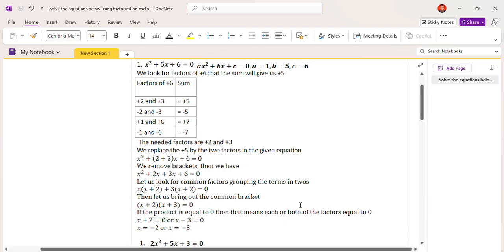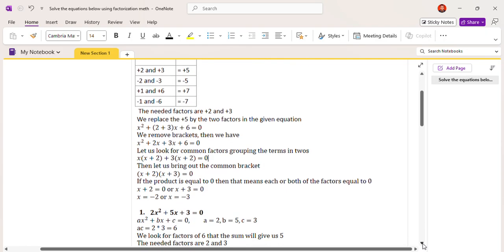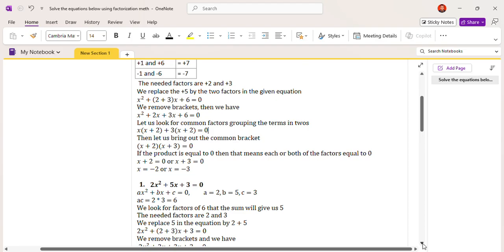Okay, so let's look at another example. In this case, another example where the coefficient of a is different from 1. This should be equation number 2 here. There is a mistake here.